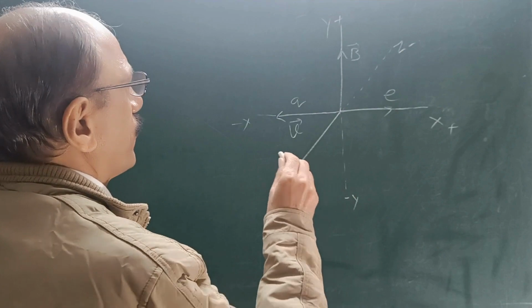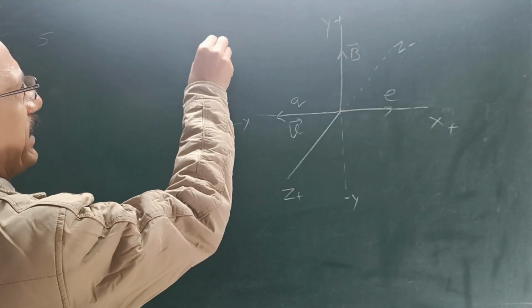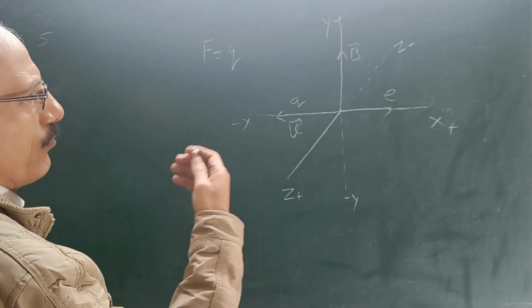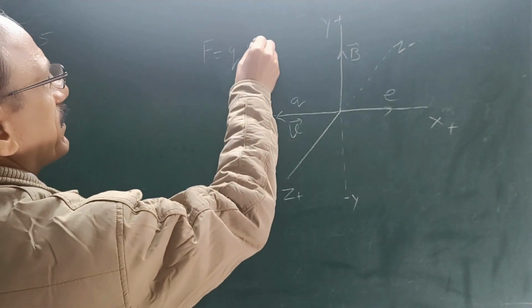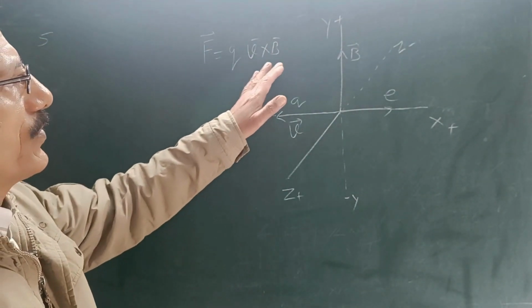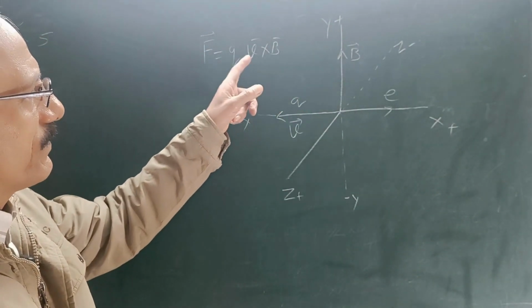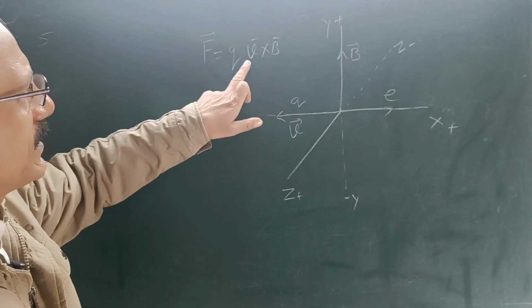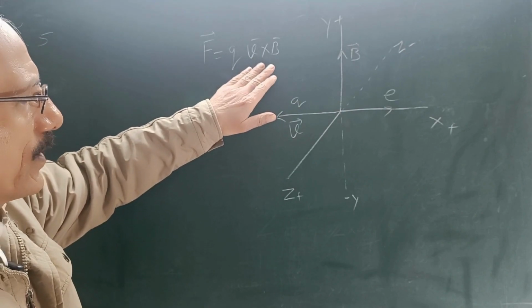The magnetic force on a charge moving in a uniform magnetic field is given by F is equal to Q V cross B. So this force is always perpendicular to the magnetic field as well as the velocity, because it is a cross product.